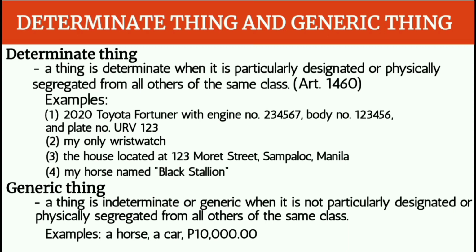We cannot particularly designate or physically segregate this car from all others of the same class. And 10,000 pesos. Of course, yung 10,000 pesos ay generic thing kasi hindi natin masabi kung ilan ba yan. 10,000 ba na piso? 10 na 1,000? 20 na 500 or 100 na 100 pesos.